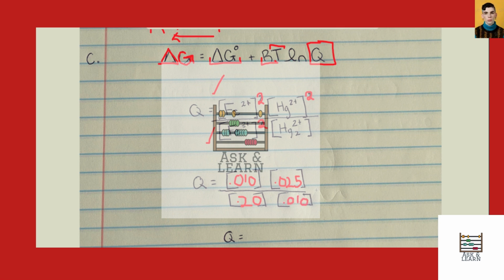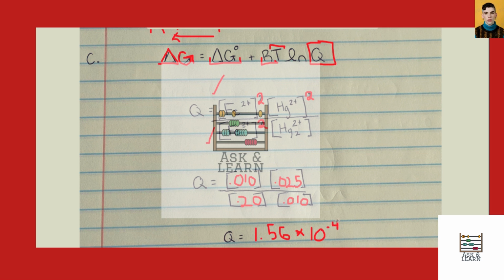All right, so we're going to solve out for that. If you want to pause the video and do that quick calculation, you should get about 1.56 times 10 to the negative 4th.